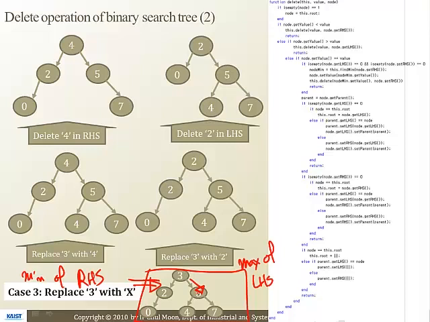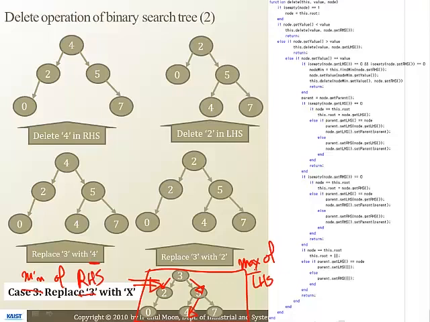Eventually the last left-hand side node is the minimum value, which is the 4 here. The other idea is going to the left-hand side and finding the maximum value there. To find the maximum value of the left-hand side, we keep going to the right-hand side.